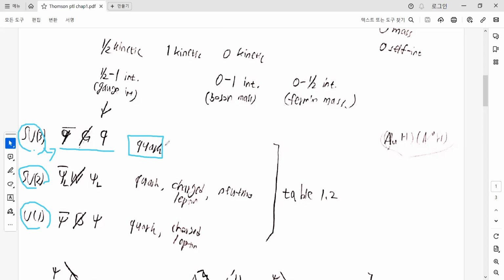That makes the hadrons, the baryons and mesons, via the gluon. In SU(2), there is the weak interaction. All the elementary particles, quarks, charged leptons, and neutrinos, participate because they all have weak isospin. In the electromagnetic interaction, only the charged quarks and charged leptons participate. Neutrinos do not participate in the EM interaction.